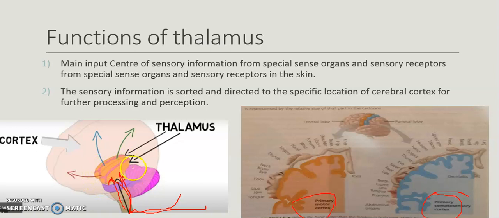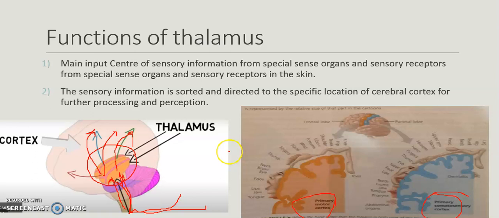Only after coming to the thalamus will the information be directed to the sensory cortex. So we can say the thalamus is the main input center of sensory information from special sense organs.